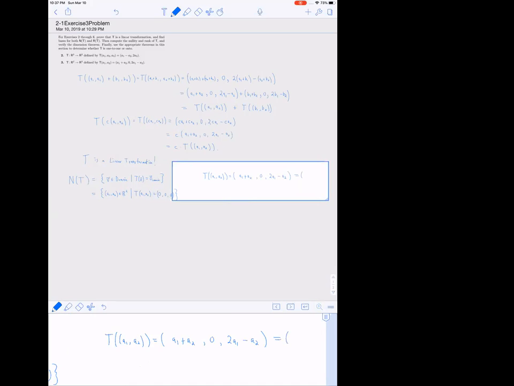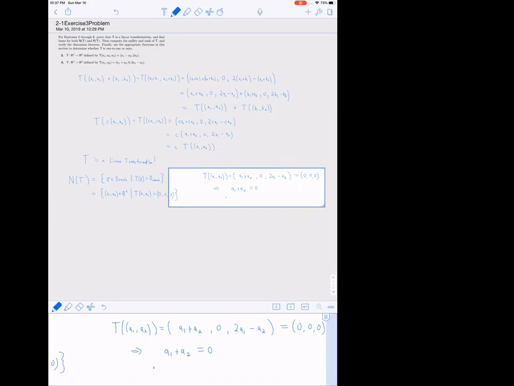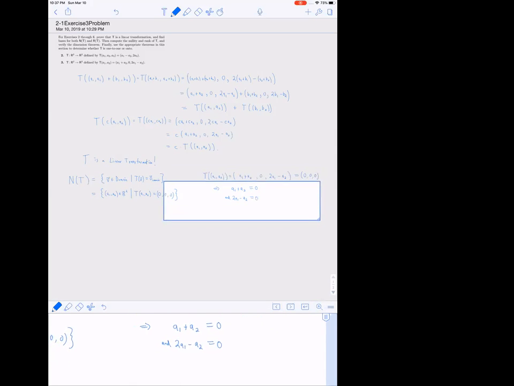So if this is supposed to equal 0, 0, 0, this would imply that, in particular, the first component, A1 plus A2, is equal to 0, and 2A1 minus A2 is equal to 0. Well, this is a system of equations now involving A1 and A2.